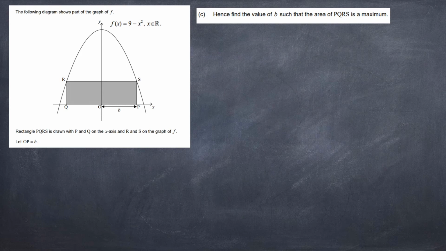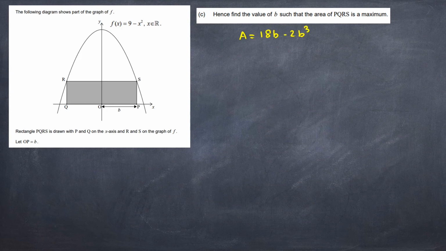Hence find the value of B such that the area of PQRS is maximum. Here you need to understand two small topics that I will discuss in this video. So let's start. The area we have found was 18B minus 2B cube.